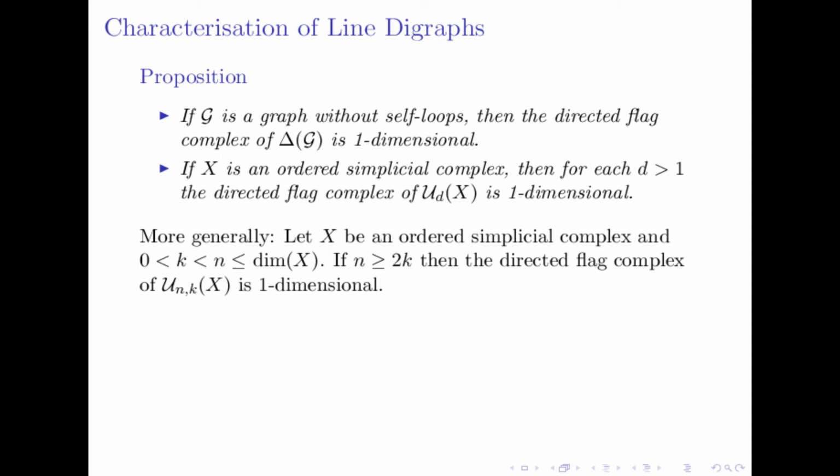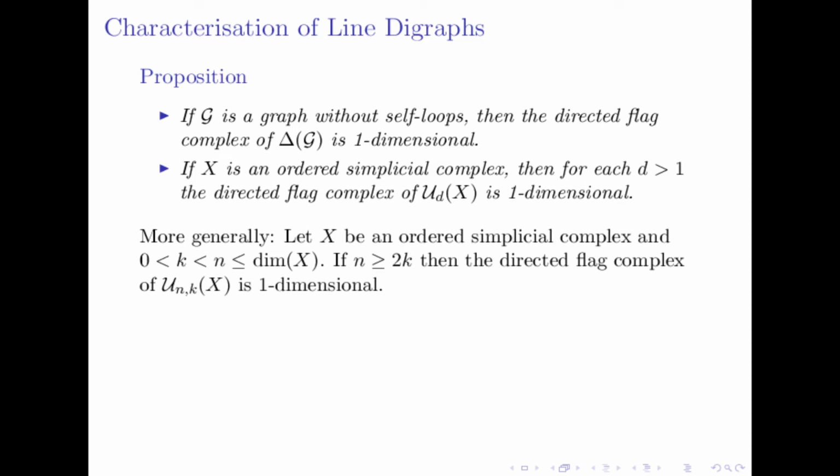Another thing, not quite a characterization, that you realize when you start thinking about these things is that if you have a digraph without self loops, by self loops I mean loops that start and end in the same vertex, then the directed flag complex of the associated line digraph is one-dimensional.